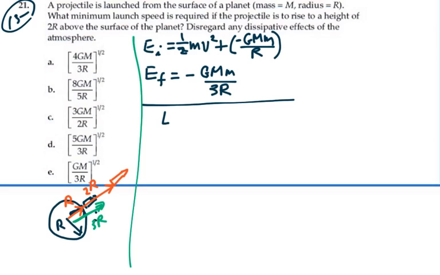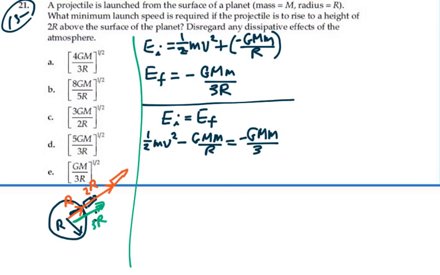So our initial energy should equal our final energy, and what we have then is 1/2 mass times our launch velocity squared plus our initial potential energy, which is negative GMm over r, is equal to our final energy, which is negative GMm over 3r.